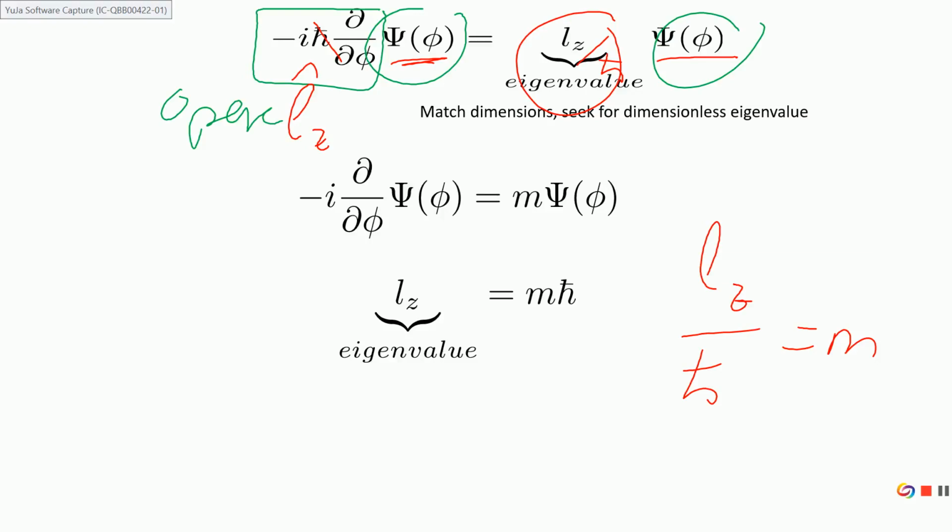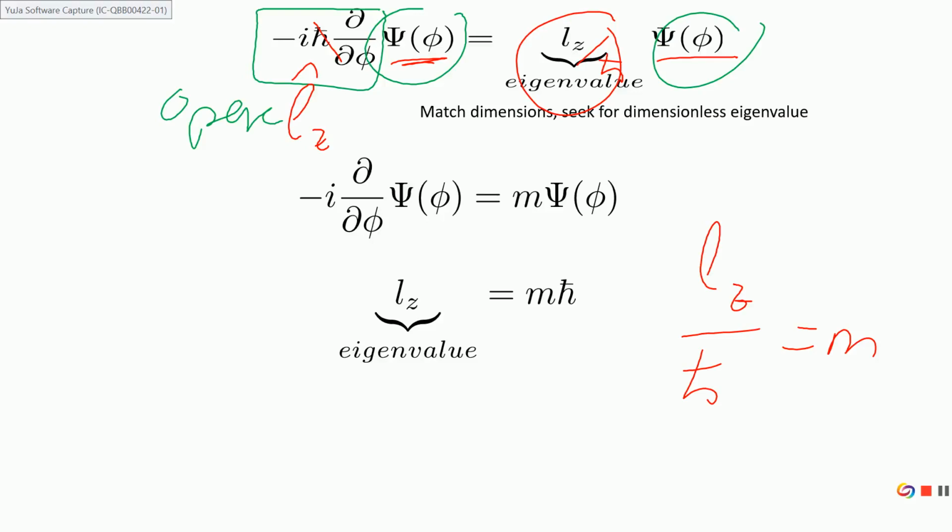Okay, we are trying to find eigenstates of this operator, minus i h bar d/d phi. Our wave function psi depends on phi. So the operator acting on psi of phi will equal the eigenvalue times psi of phi.